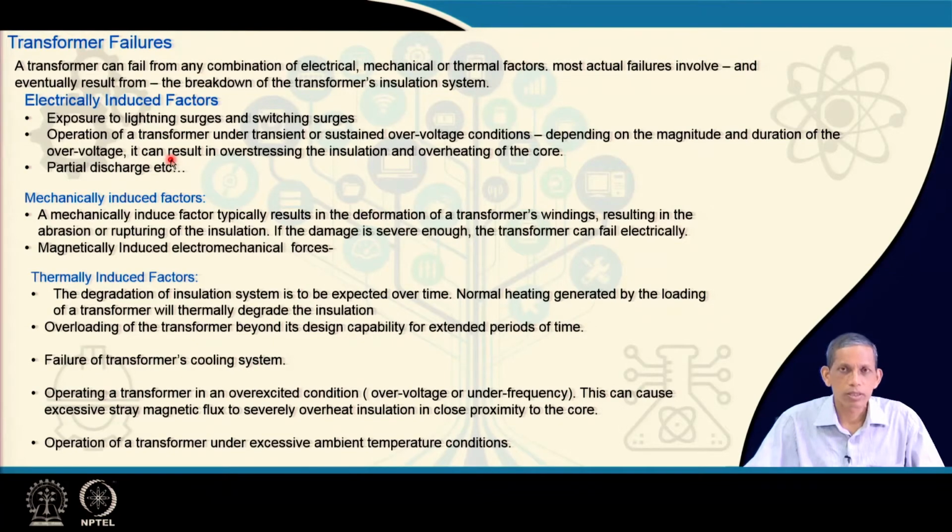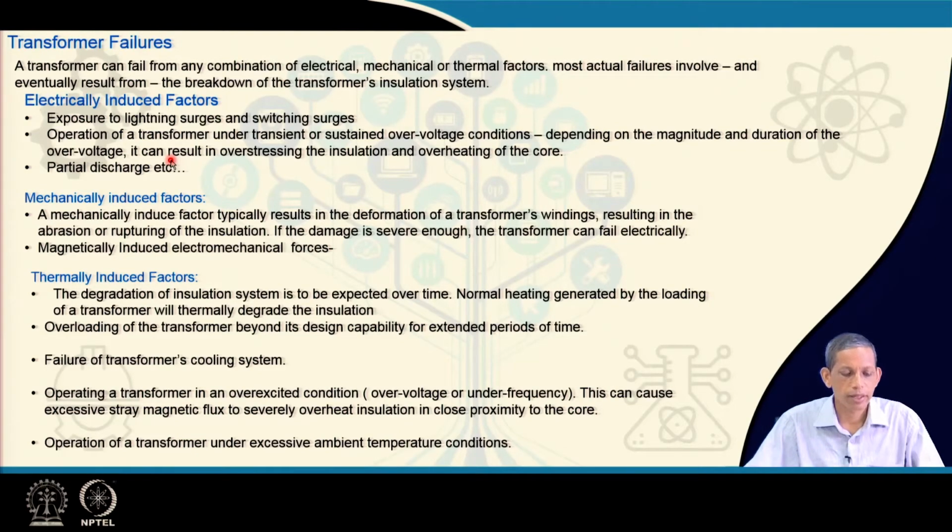Mechanically induced factors: any mechanical problem may lead to winding deformation and so, leading to rupturing of the insulation. If the damage is severe enough, the transformer will fail electrically.